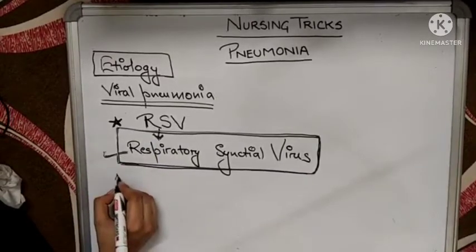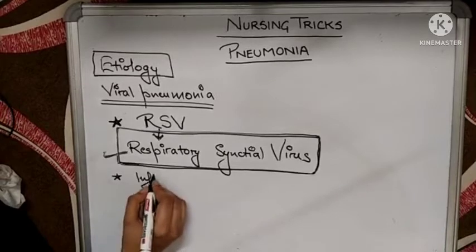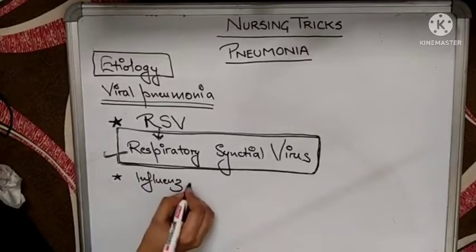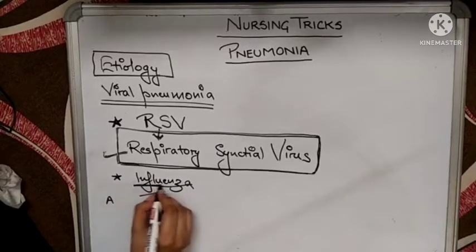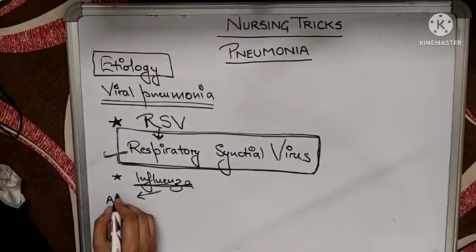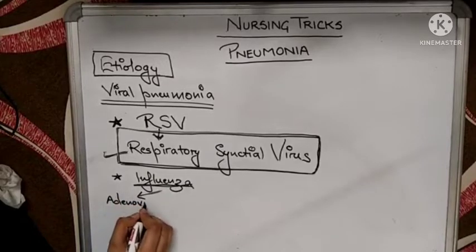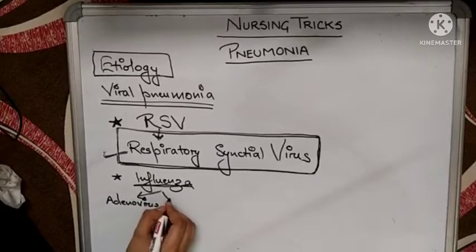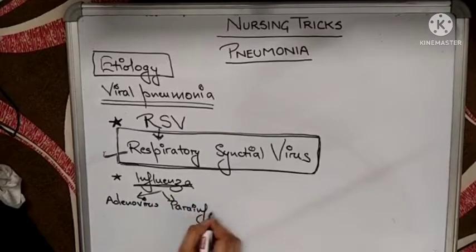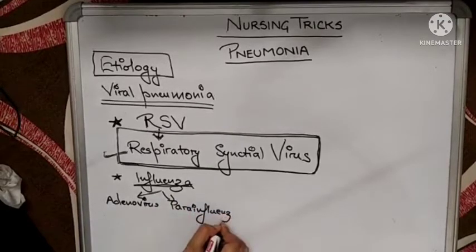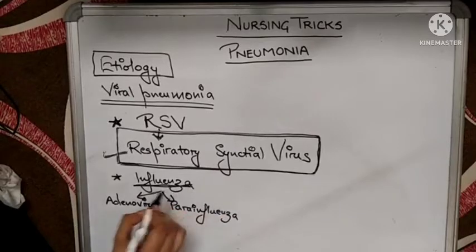And the second one is the influenza. In this category we have adenovirus, then we have parainfluenza virus, and the third one is the influenza virus.